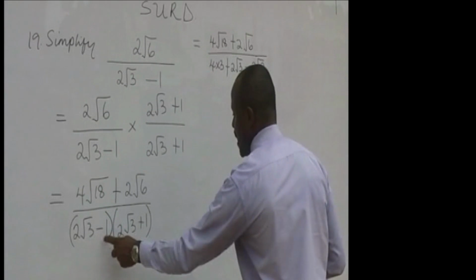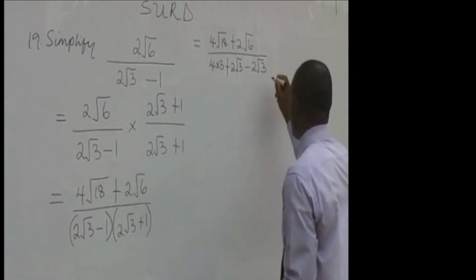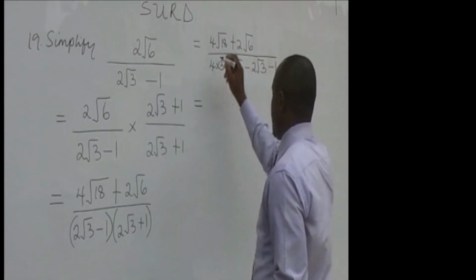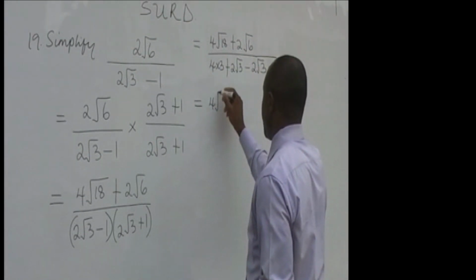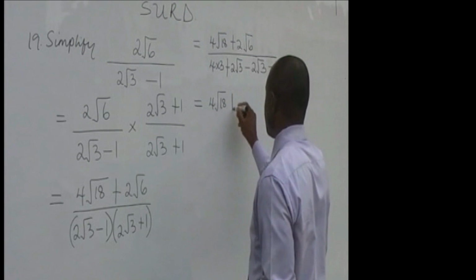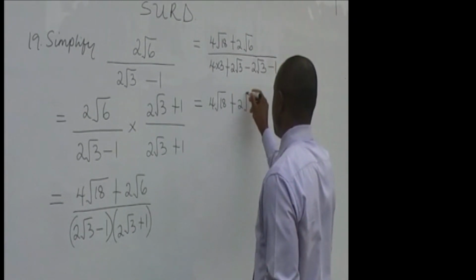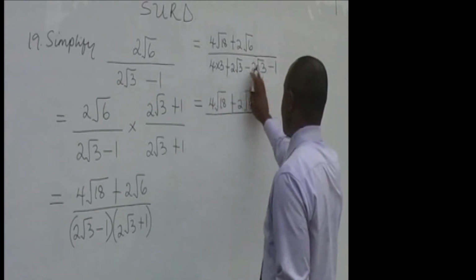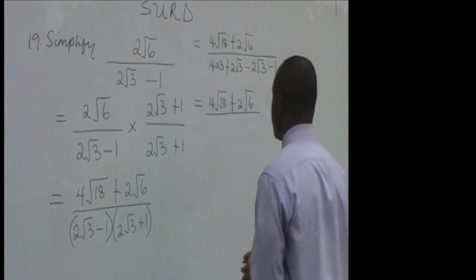Then minus 1 times plus 1 will give you minus 1. Let's see how 4 root 18 up plus 2 root 6. I'm coming to that. Let's deal with the denominator first.